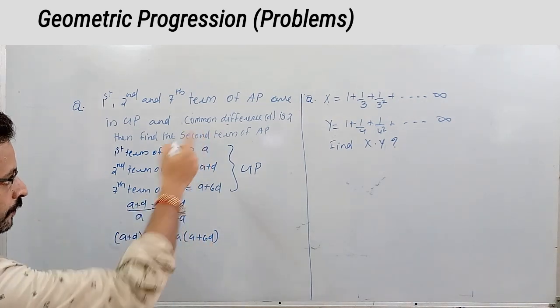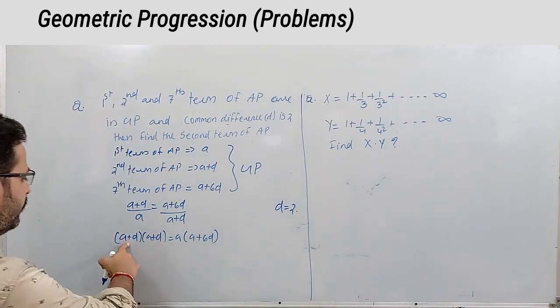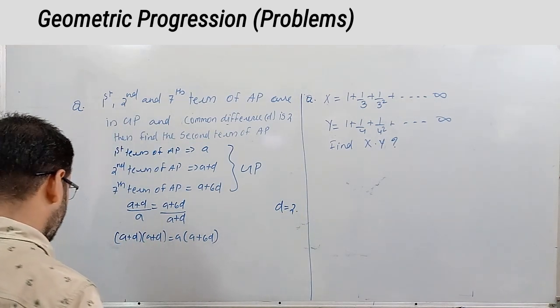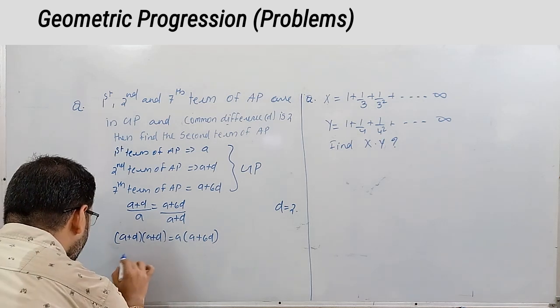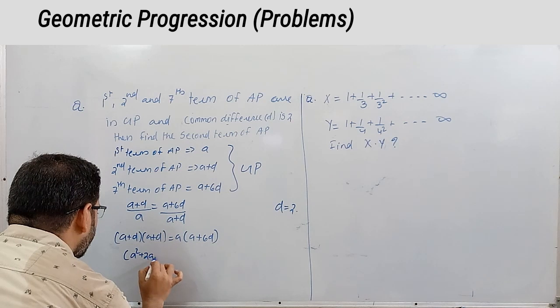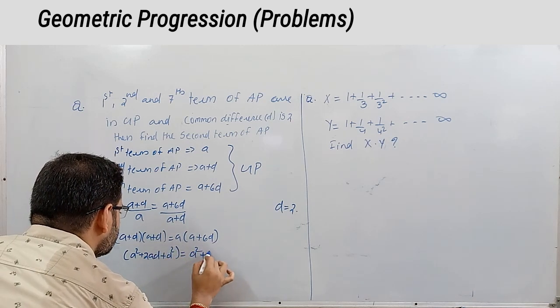We know the value of D. D is equal to 2. Now, A plus D the whole square is A square plus 2AD plus D square, equal to A square plus 6AD.